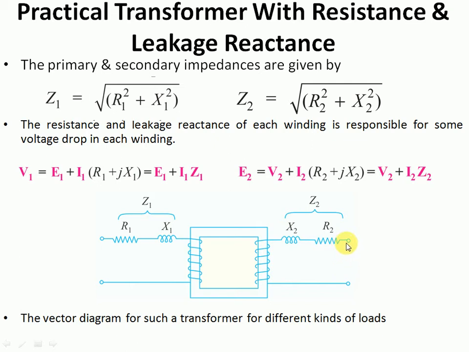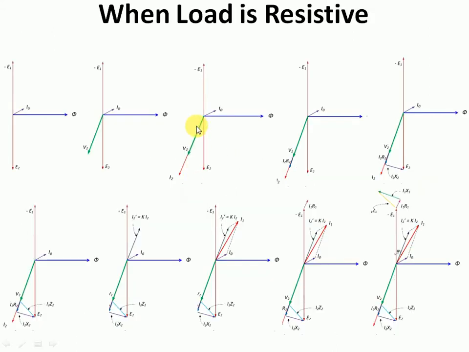Since the load is resistive, definitely the current flowing through the load, I2, and the voltage appearing across this load, V2, will both be in phase with each other. Therefore in step 3 we will draw I2. This is I2. I2 starts from here and goes till here, and it is drawn in phase with V2.